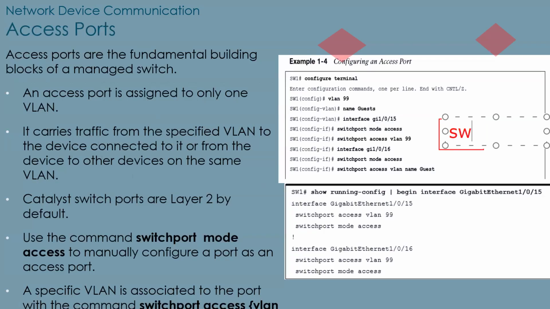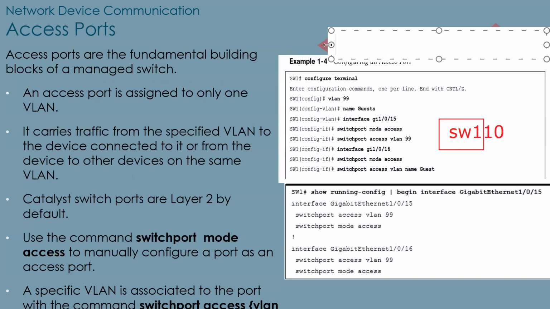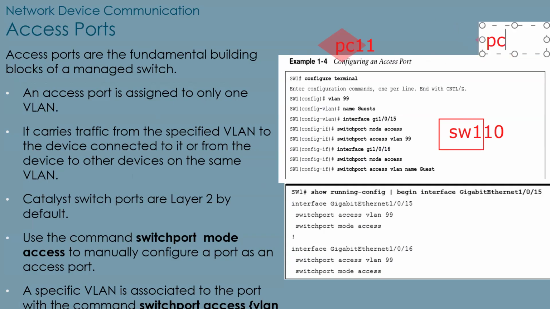Say switch 110, and these may be PC 11 and PC 12, connected over one interface or another interface. Suppose this is Ethernet 0/0 and this is Ethernet 0/1.